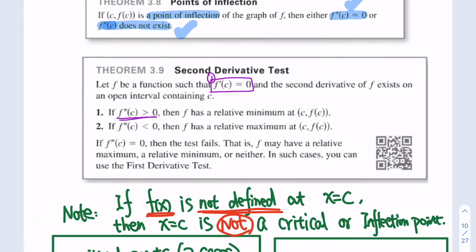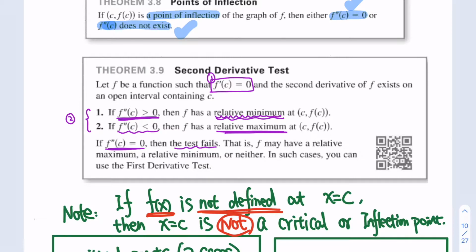If the second derivative is positive, it gives us a relative minimum. If the second derivative is negative, it gives us a relative maximum. So first we find the critical point. Second, we check the sign of the second derivative at that point. If the second derivative equals 0, we cannot apply the test.